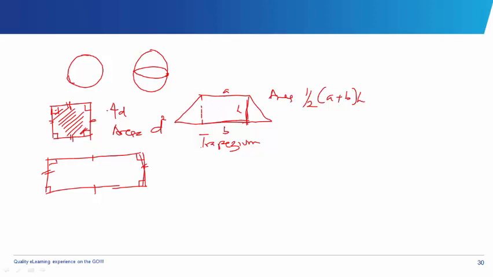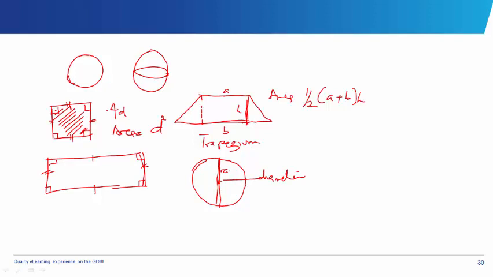Okay, now let's look at the circle. It's another plane shape. This is a circle. This is the midpoint of the circle. The distance from the midpoint to one of the sides is called the radius. The distance from one side to one side passing through the midpoint is called the diameter.